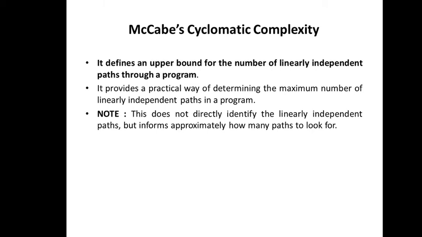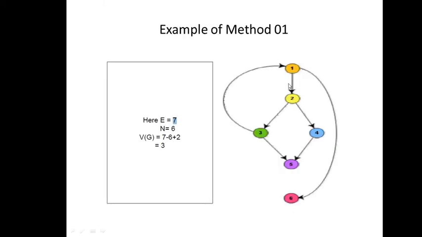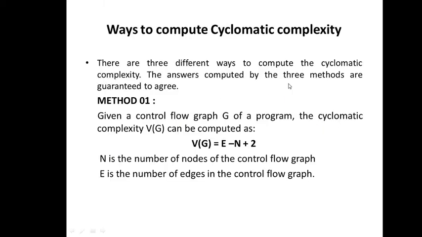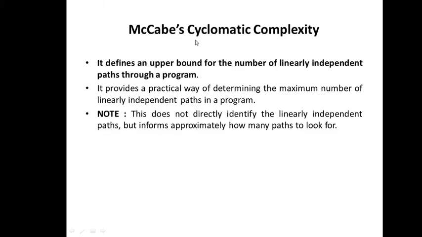What does this say? In any control flow graph, it calculates the upper bound of the total linear independent paths. That means McCabe's cyclomatic complexity tells the upper bound, meaning the total number of linear independent paths that will be present in a control flow graph.